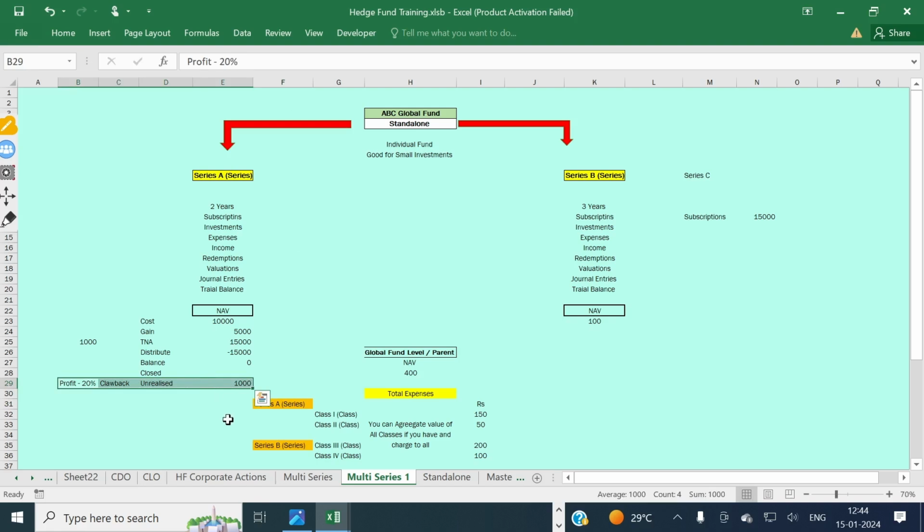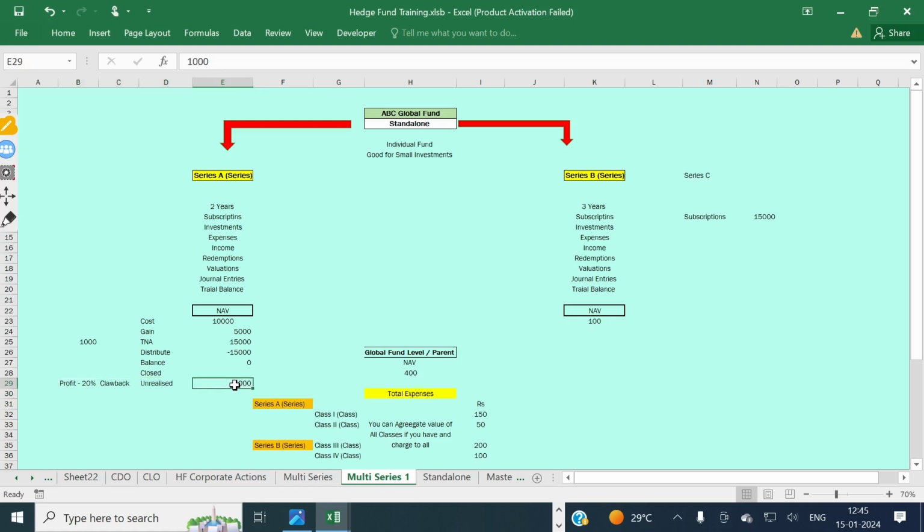But if this particular series is still open, it means it is still to be redeemed. Then I'll receive that unrealized gain, but I won't be able to utilize it because of the clawback provision. Clawback is nothing but a provision that holds until investors get their capital and their provisional interest payment back. We cannot use that profit percentage for personal use, even if I have earned it.